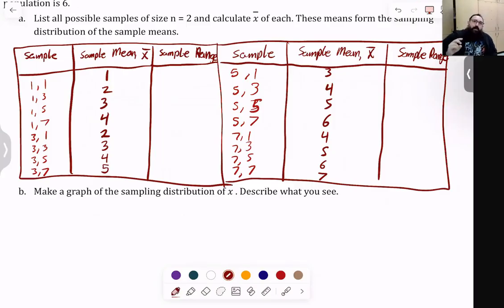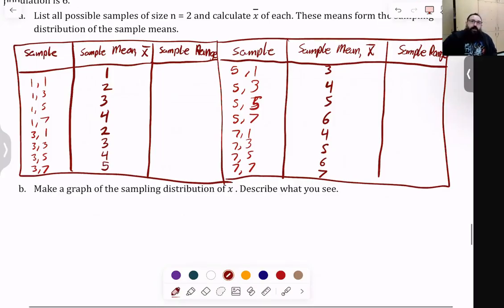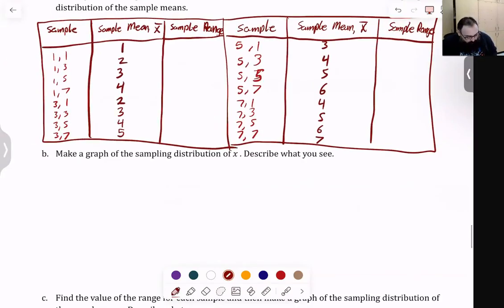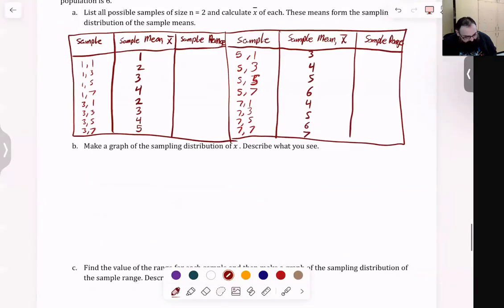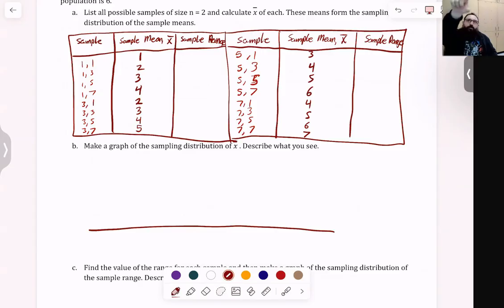So now it says make a graph of the sampling distribution of x bar. What do you see? It should say x bar. I think it does say x bar actually. So what were the possible values that popped up for x bar? 1 through 7. Okay.